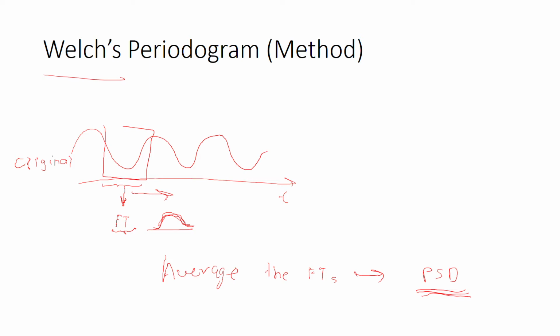EEG data are always time varying. So the signal is unlikely to look like a perfect sum of pure sines. This is the reason why you use windows, averaging the Fourier transform by using windows, because the EEG signal is not a sum of pure sine waves.